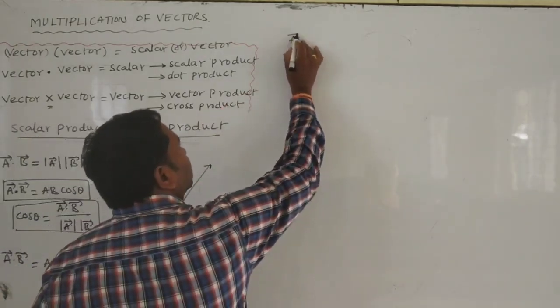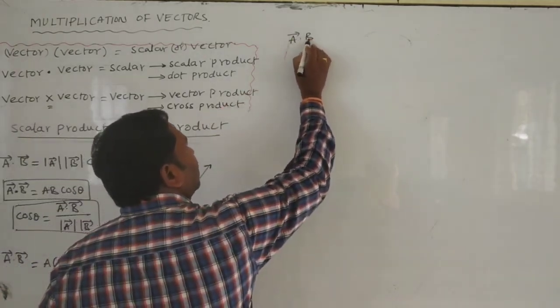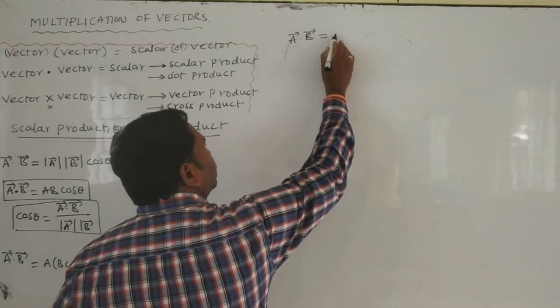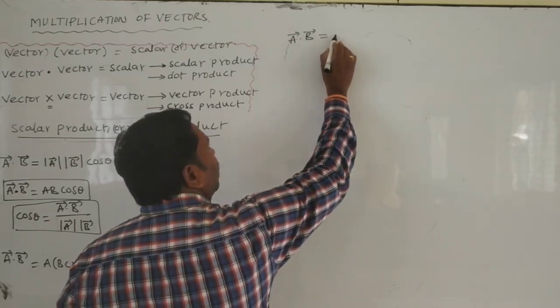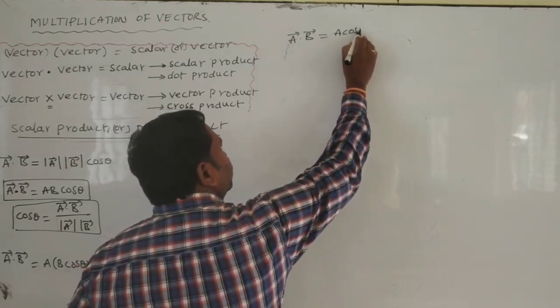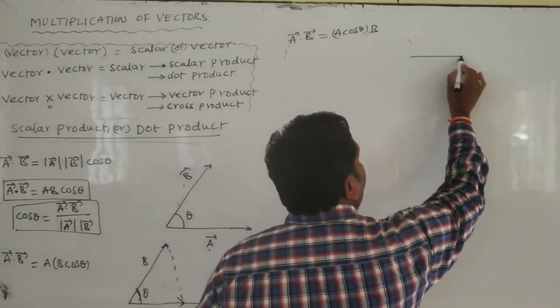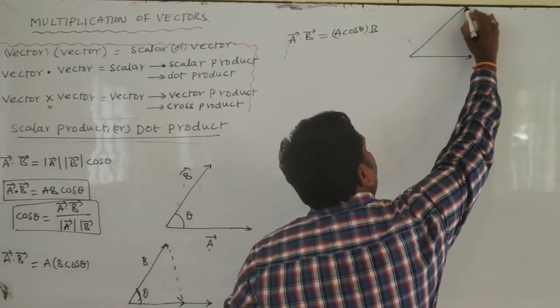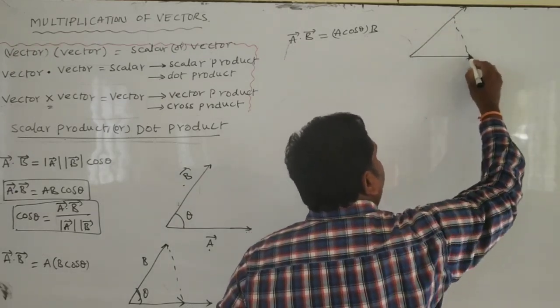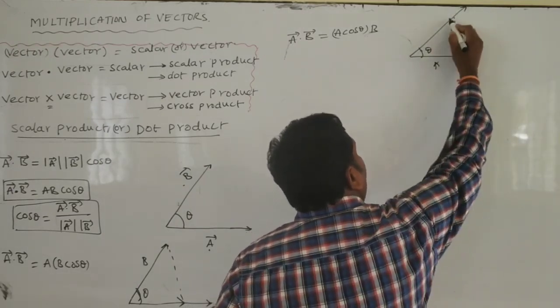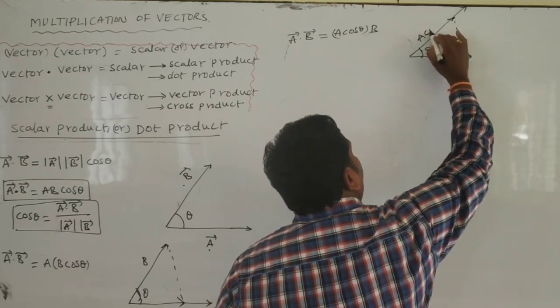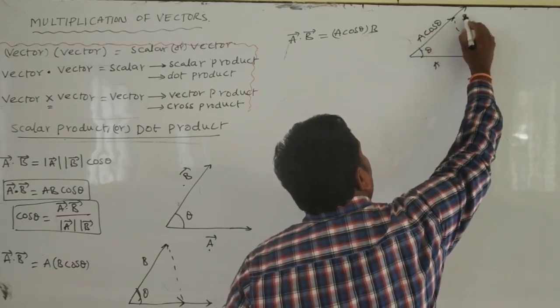It may write A bar dot B bar equals A cos theta into B also, because this is the A vector, this is the B vector, so A along the B is A cos theta.